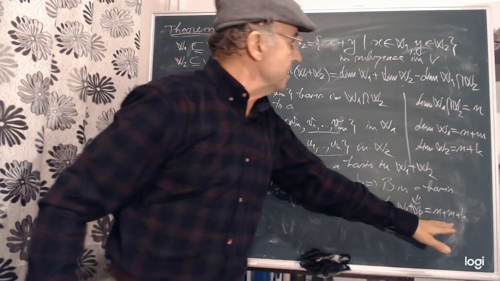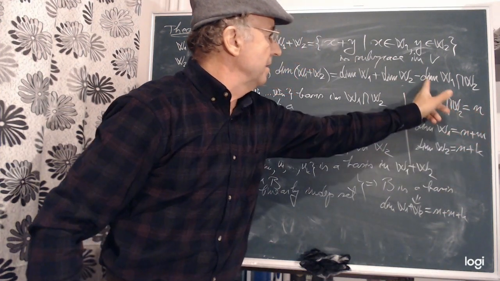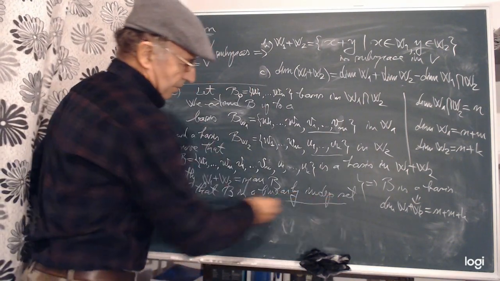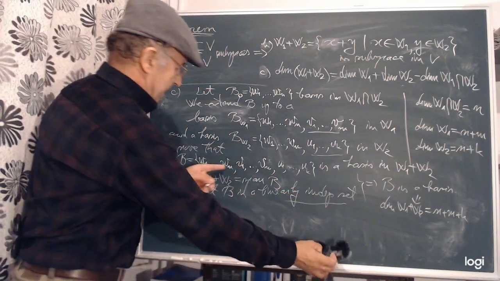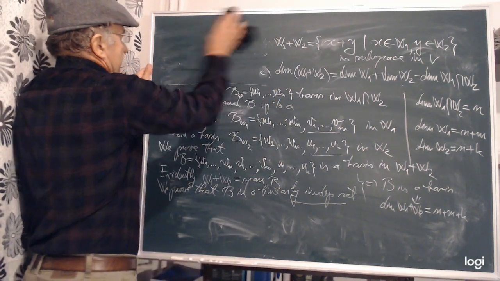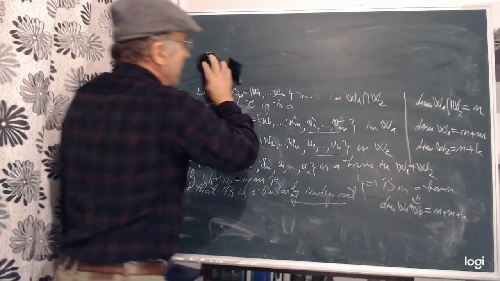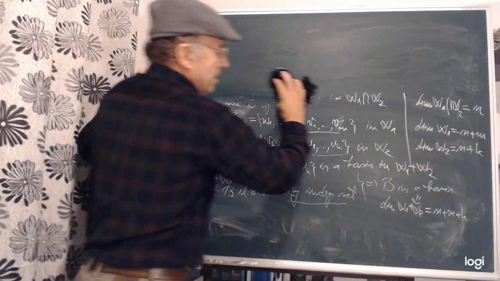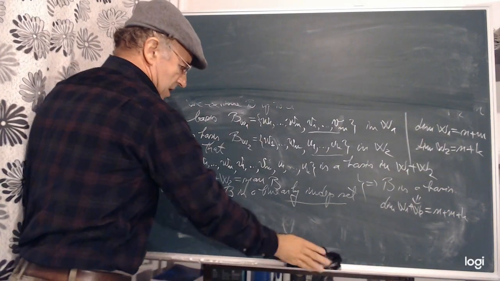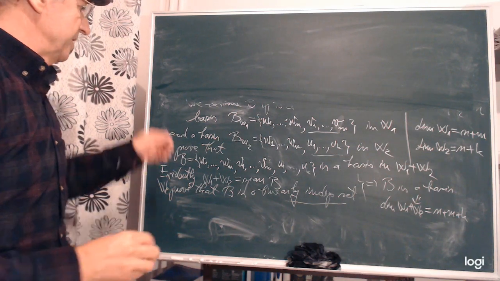This is exactly the sum of the dimensions minus n. So it remains to prove that this is a linearly independent set. For this, we consider a linear combination of these vectors equal to 0, and we prove that all the coefficients must be 0.